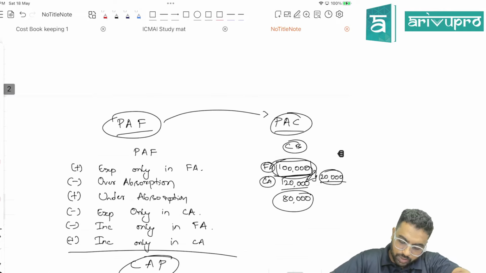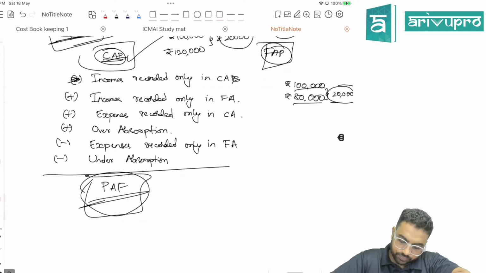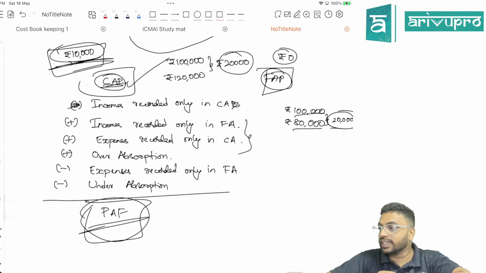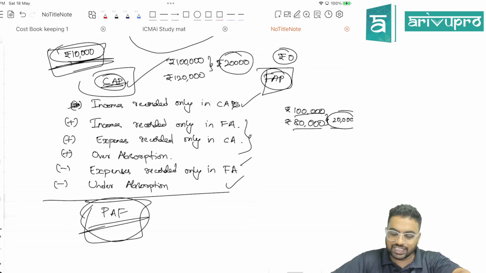All the plus items you should credit, because they get added to the profit. All the minuses you should reduce, which means you should debit. All the plus you credit, all the minus you debit.